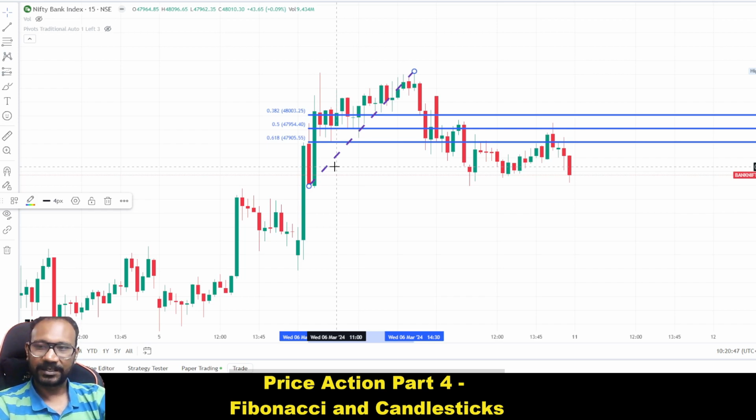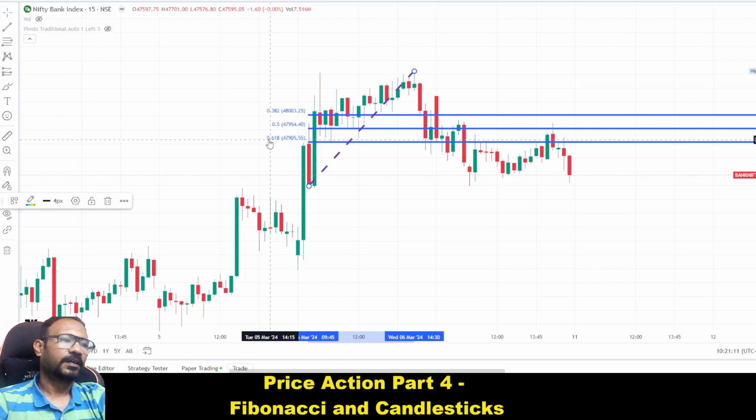If you want to figure that out, you can use this retracement tool. And it talks about three ratios which I have enabled here: 38%, 0.5, and 61.8%. This 61.8% is called the golden ratio. Okay. So up to 61.8 is very potential for the market to retrace.